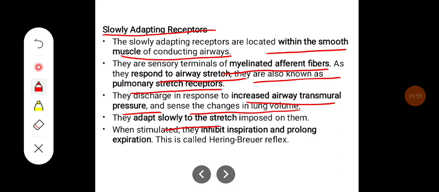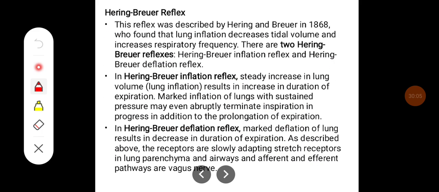They adapt slowly to the stretch imposed on them. When stimulated, they inhibit inspiration and prolong expiration, and this is called the Hering-Breuer reflex. This reflex was described by Hering and Breuer in 1868, who found that lung inflation decreases the tidal volume and increases the inspiratory frequency.